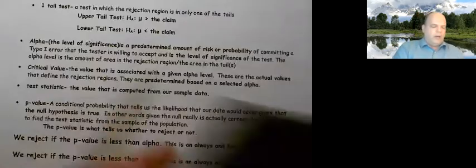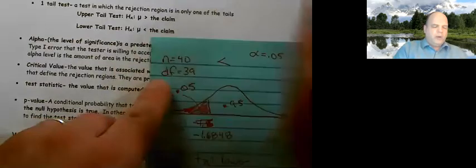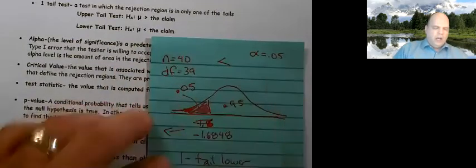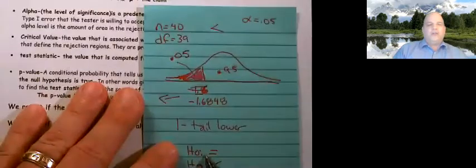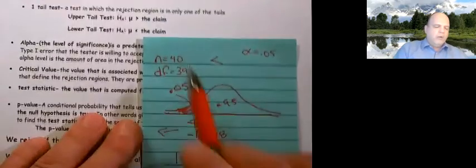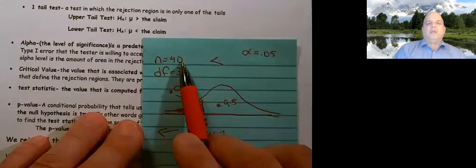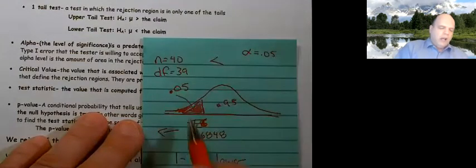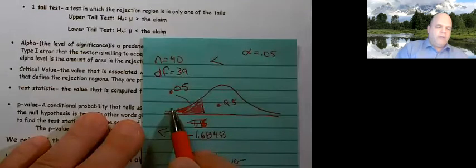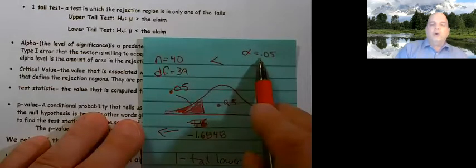Finally, the lower tail. With the lower tail, we're working with a less than, and our alternative is going to be something that looks like this. Our null is always going to be the equal. We've gone ahead and kept things at a sample of size 40, which means we have degrees of freedom of 39, and all of our area is at 0.05, so our alpha level is 0.05.